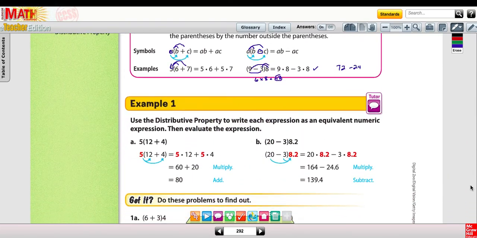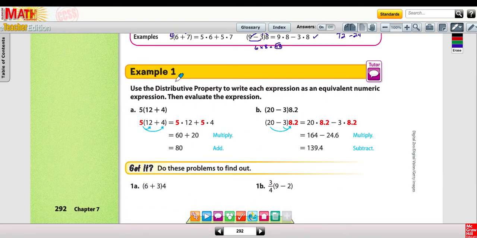Going down to the bottom on example 1, it says to use the distributive property to write the expression as an equivalent numerical expression. Now you might want to just jump right into simplifying this and saying 6 plus 3 is 9, 9 times 4 is 36. But what it wants you to do is distribute that 4 to the 6 and the 3.